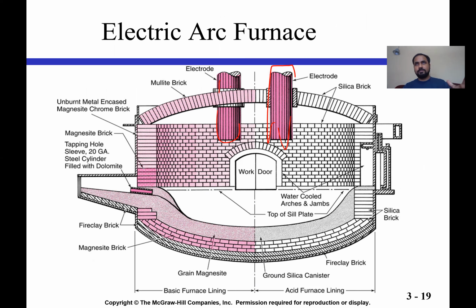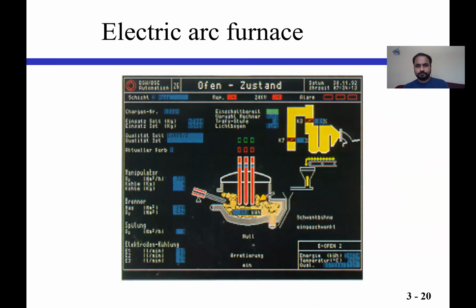That's how it heats up. Now you have metal in the molten form. You add whatever alloying elements you want to add. You add some limestone to purify it further, and then you do oxygen lancing, and that's how you clean your pig iron to a purer form of steel. So you can either do a basic oxygen furnace or an electric arc furnace.